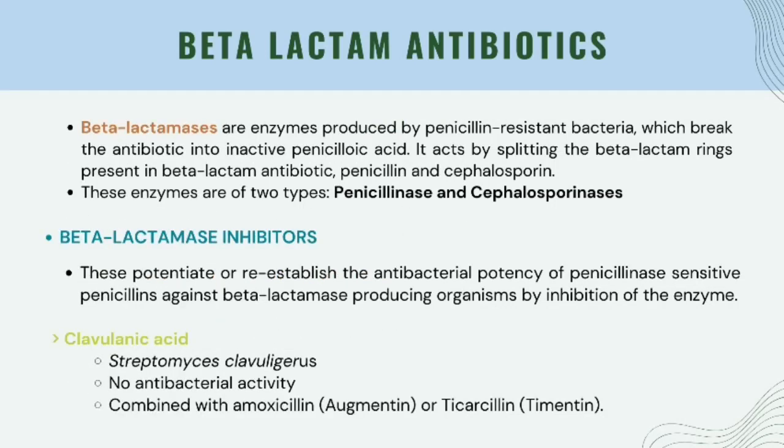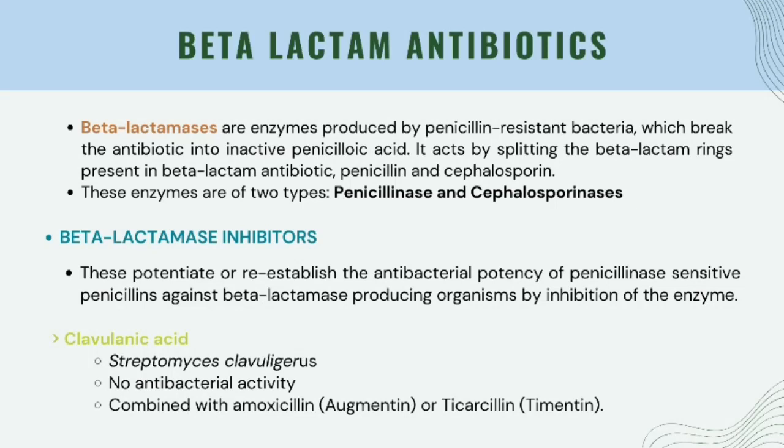So, beta-lactamases are enzymes produced by penicillin-resistant bacteria, which break the antibiotic into inactive penicilloic acid. They are named beta-lactamases as they act by splitting the beta-lactam rings present in beta-lactam antibiotics, penicillin and cephalosporin. These enzymes are of two types, the penicillinases and cephalosporinases. What is a beta-lactamase inhibitor?